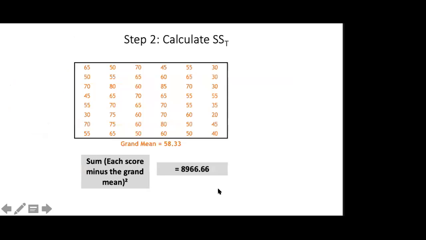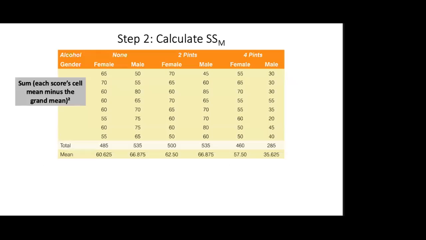If we were now to calculate our total sum of squares, we just subtract the grand mean from each individual score, calculate the square of that value, and sum it up across all observations, and then we end up with this value. Next we are interested in calculating the model sum of squares.